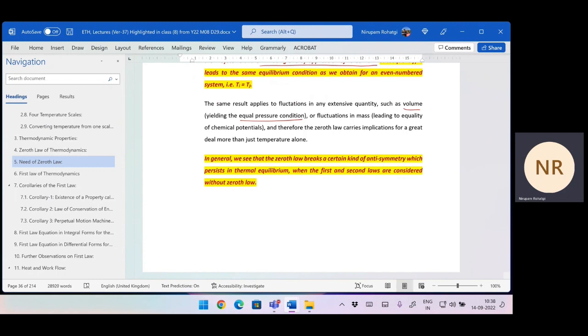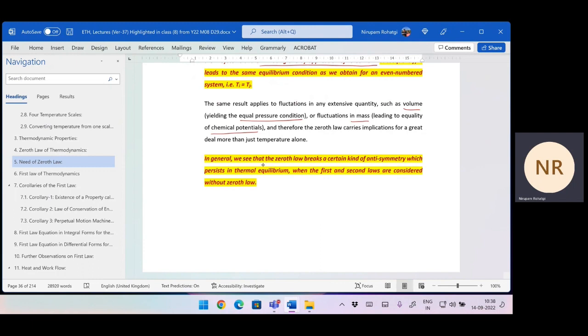Like he is saying that in the case of volume and pressure, and fluctuation in mass and chemical potential, there also you have to put up this law. Of course, it will be defined differently for volume and pressure, and similarly for mass and the potential. So this is the actual necessity of it.